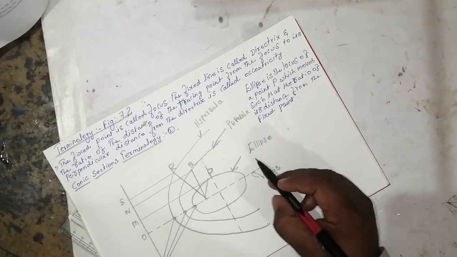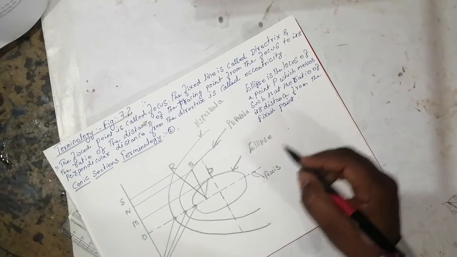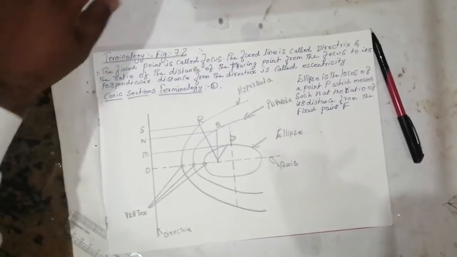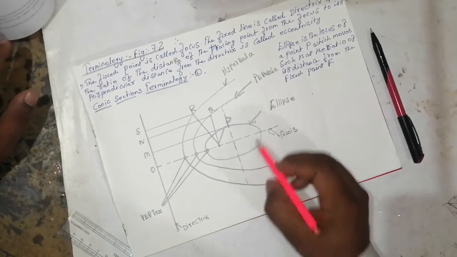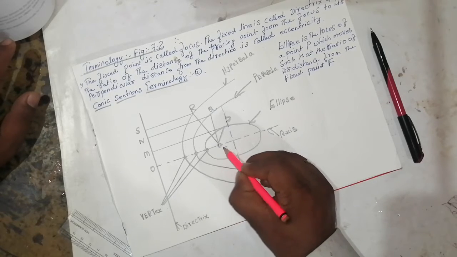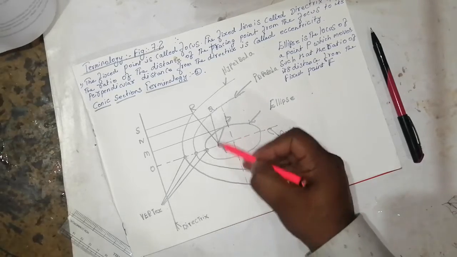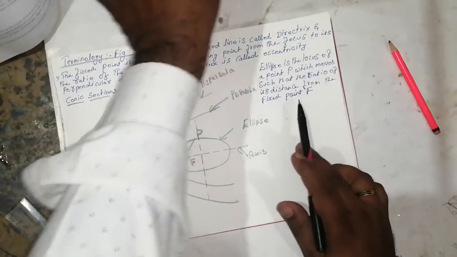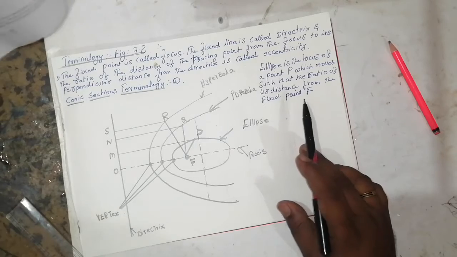The fixed point is F. So the fixed point is here. I am mentioning here the fixed point and points P, Q, R, everything.